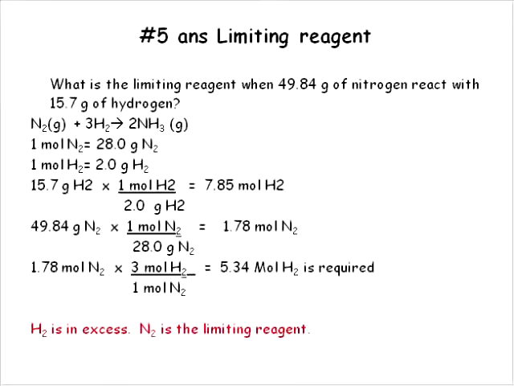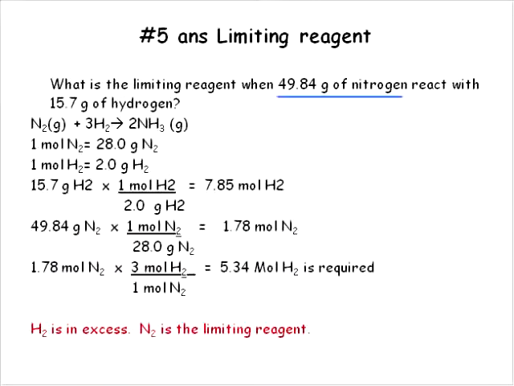So we have 49.84 grams of nitrogen. 1 mole of nitrogen equals 28 grams. Okay, nitrogen is 14 grams times 2 is 28. So we have 49.84 grams, and we know 1 mole is 28 grams, so this is going to be greater than 1 mole. 49.84 grams is 1.78 moles of nitrogen.